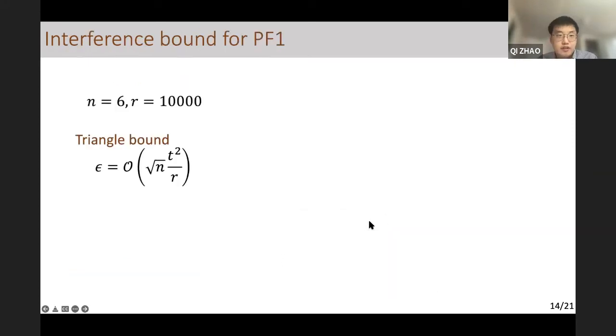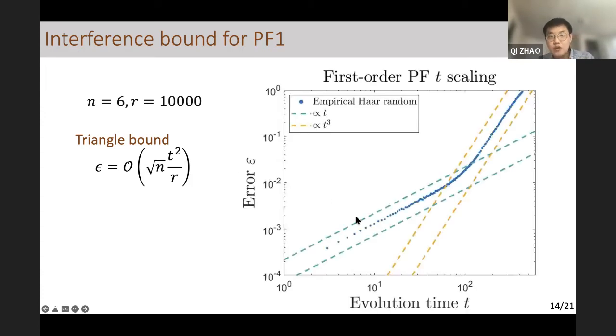According to the triangle bound, the error should be the square root of n times t squared over r. If we fix the number of qubits n and the number of segments r, the error should be t squared according to the triangle bound. But in our numerics, we find that the error is at first linear in t, but after some threshold it becomes t cubed.